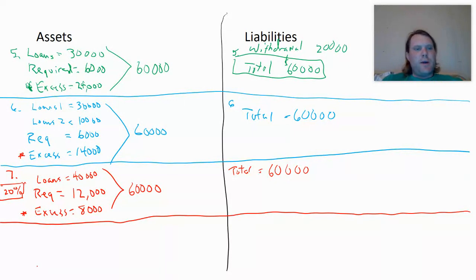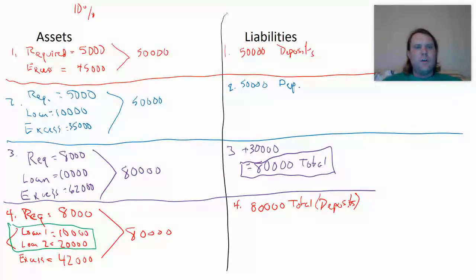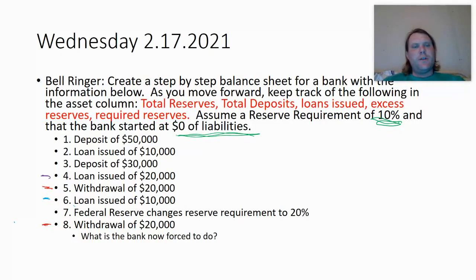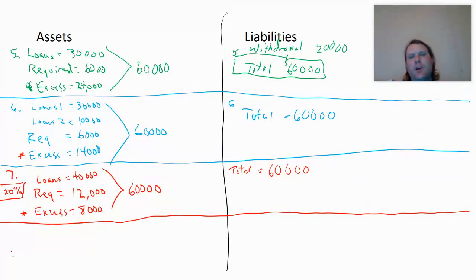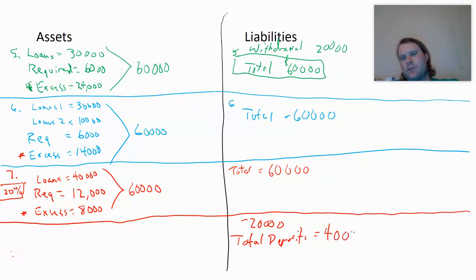All right, let's talk about our last section here. All right, where we are going to see another withdrawal of $20,000. Okay, so we have another withdrawal. We've got minus 20,000. So now our total deposits equal $40,000.